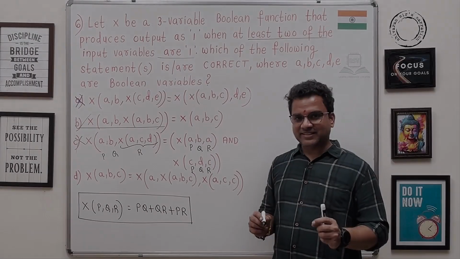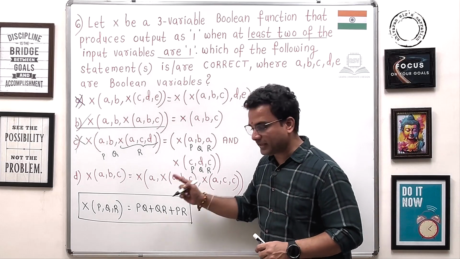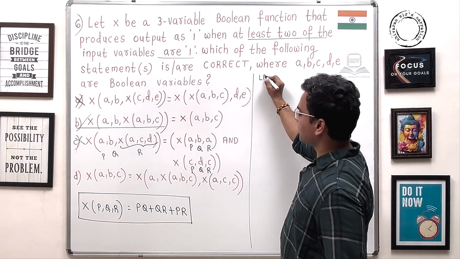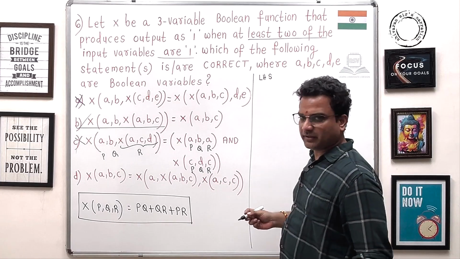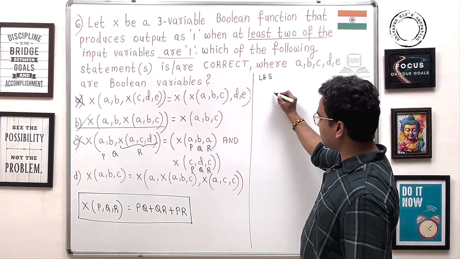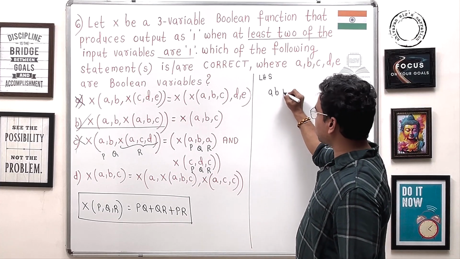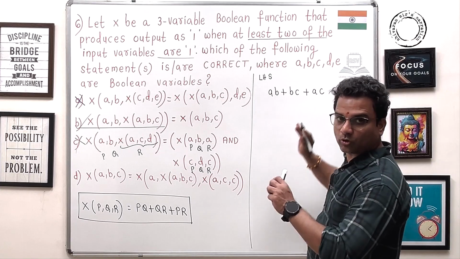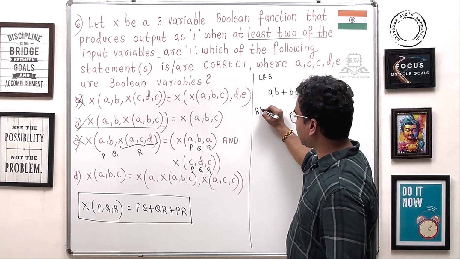Okay. Let's see the last one, D. Coming to the LHS, x of A, B, C. It's just similar to x of P, Q, R. Hence, it will be AB plus BC plus AC. LHS over. Now RHS.